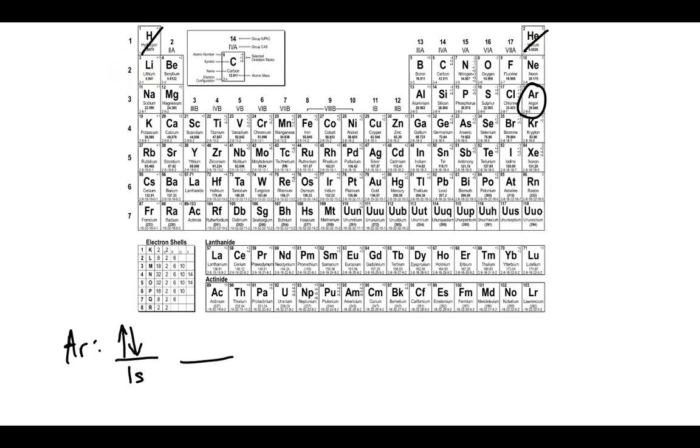So we draw another line and we're in level 2. The first block that we fill is the S block, because remember, groups 1 and 2 are the S block. We fill these two in next. So I do one arrow up, one arrow down. So I filled those two. The next one that I have to fill is this. This is the P block, and it's still in level 2. But remember, P has 3 orbitals. So I need to do, oops, sorry, I forgot the 2s there.